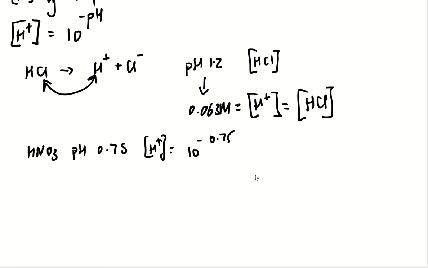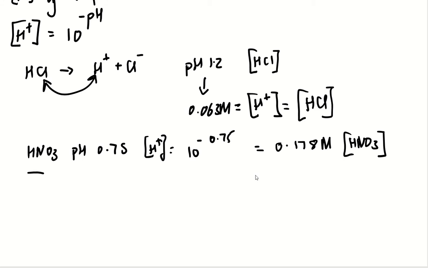That gives me 0.178 molarity, and because it's monoprotic, that is indeed the concentration of the hydrogen ions, which is equal to the concentration of the acid itself.